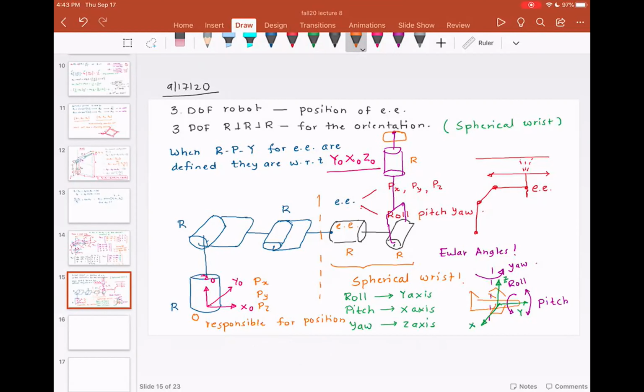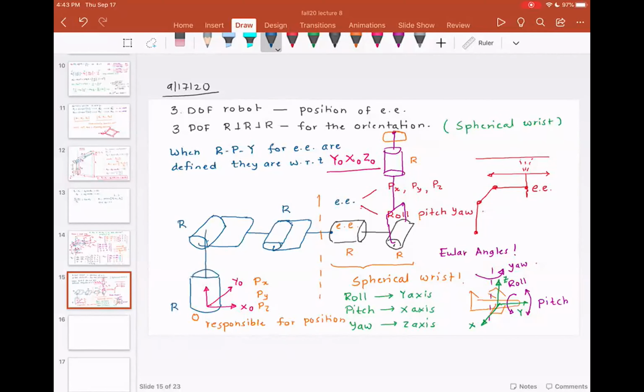Spherical wrist means three revolute joints on top of each other, but perpendicular to each other, which means one revolute joint is responsible for the orientation about Y0, another wrist joint is responsible for the orientation about X0, and the last one is responsible for the orientation about Z0.